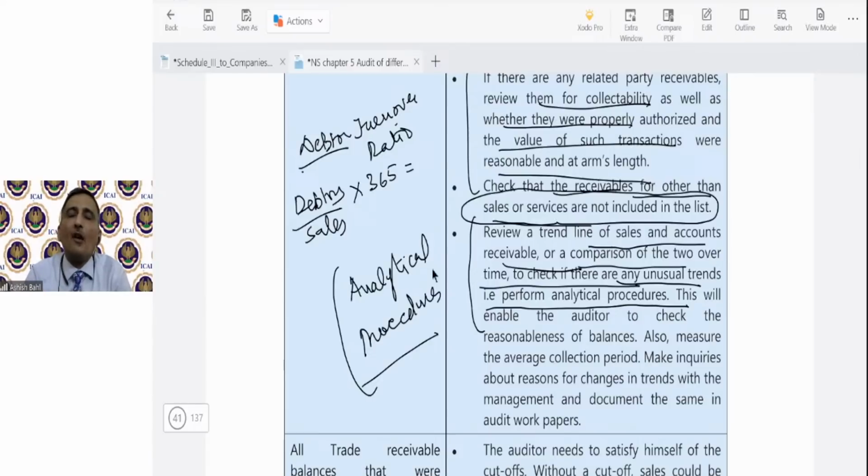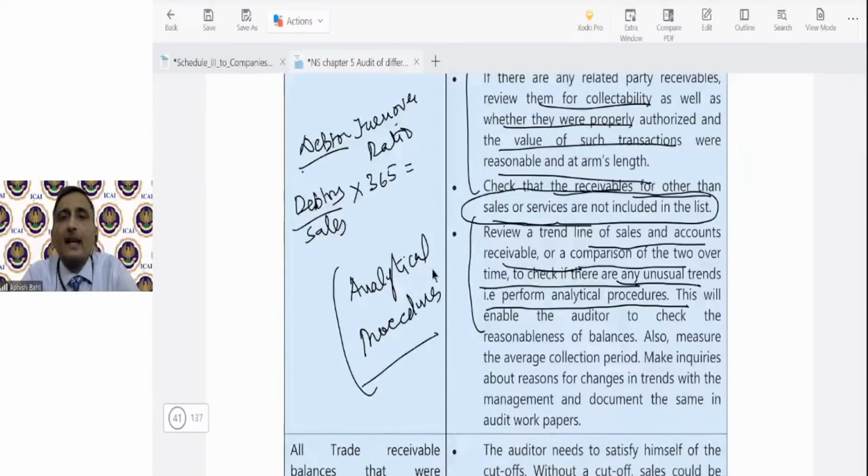So when you compare ratio of one period to another period, you can find out the reasons for variation if there is any, and you have to be satisfied about these reasons, about these differences, whether these differences are genuine. अगर आप डेटर्स टर्नओवर रेशियो पिछले 2-3 साल का कंपेयर करते हैं और जिस ईयर का आप ऑडिट कर रहे हैं उसमें डेटर टर्नओवर रेशियो डिटीरियोरेट कर गया है, सो इट मींस दैट that debtors are not being collected on time.